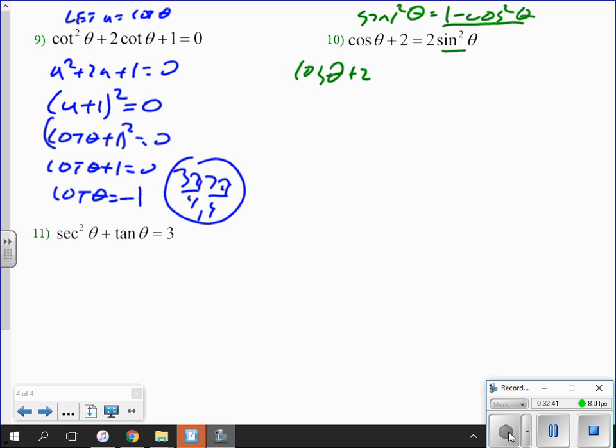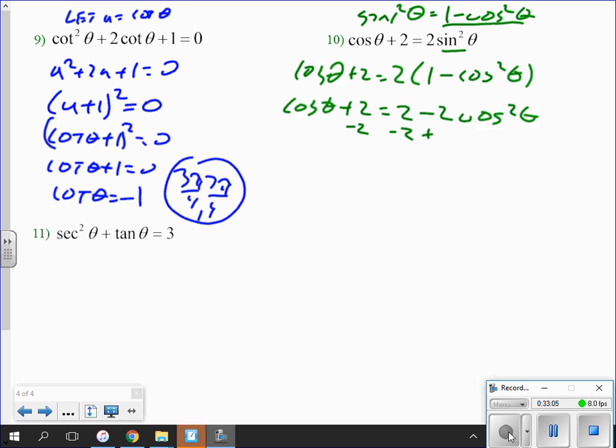Cosine theta plus 2 is equal to 2 times (1 minus cosine squared theta). Distribute the 2. Cosine theta plus 2 equals 2 minus 2 cosine squared theta. Move the 2 cosine squared theta, or actually subtract 2, add 2 cosine squared theta.